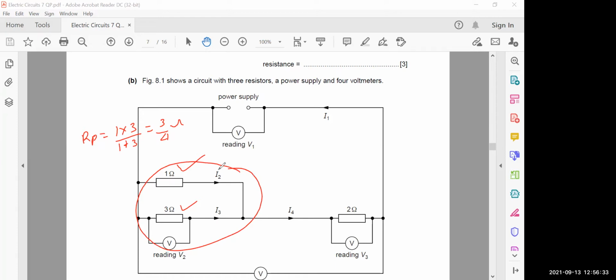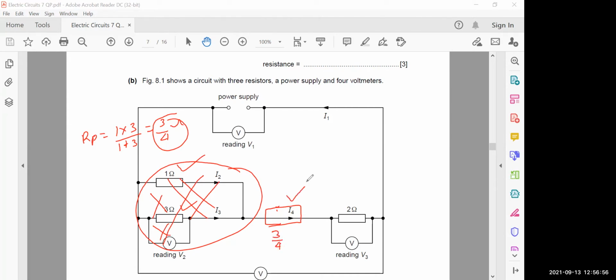Now in the next step, children, replace both of these resistances, and in rough work you can draw another resistance whose value we have calculated, which is 3 by 4.